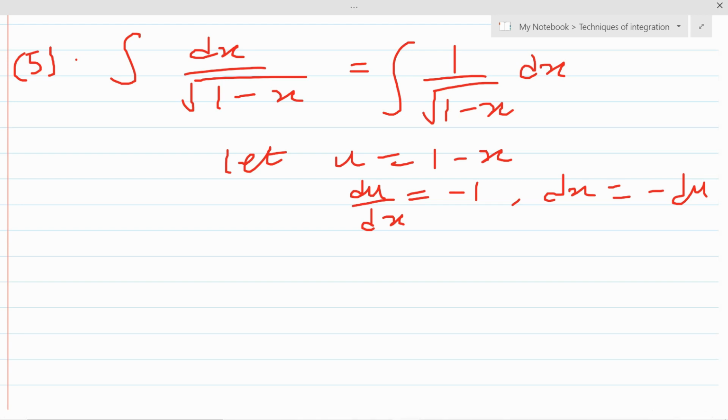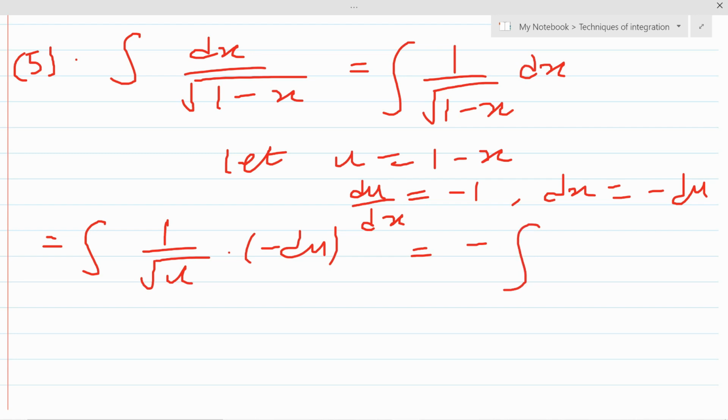So like I said, if you don't remember the way you change subjects, please work on your change of subject, because in the substitution you have to use every technique that you know in mathematics. Okay, so the whole of this integral will transform into 1 over square root of u, then the dx is negative du. And like we said in the other example, you can factor a -1 out, then 1 over square root of u du.